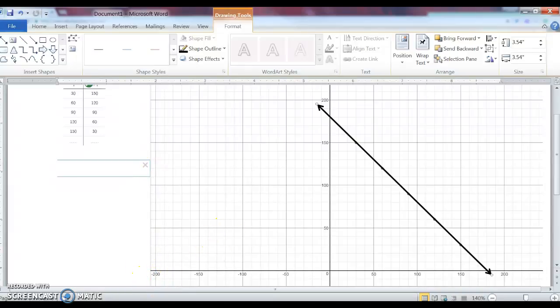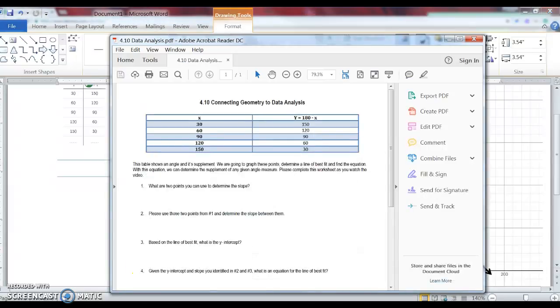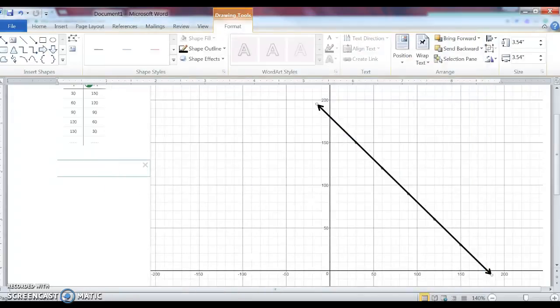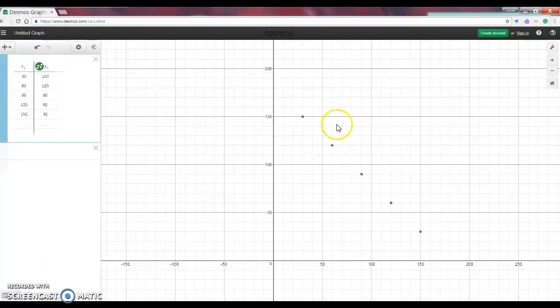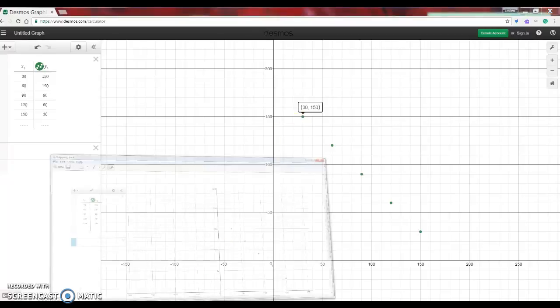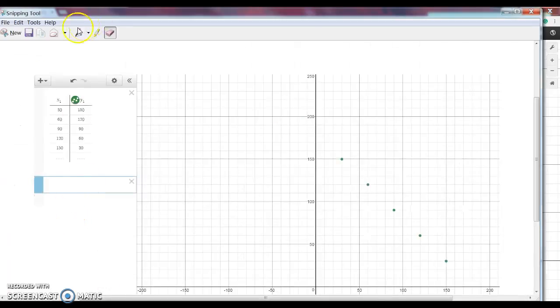All right, if you're following along on your notes page, you can identify any 2 points that you wish from the graph. We can click on any of these points. Let's say this point, 30, 150. So let's use 30 and 150.